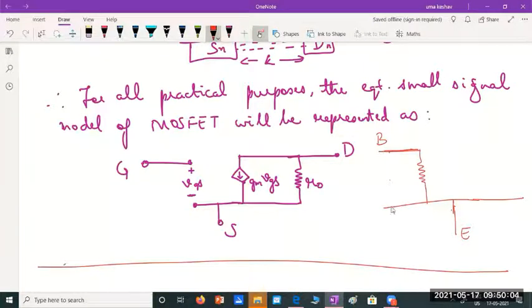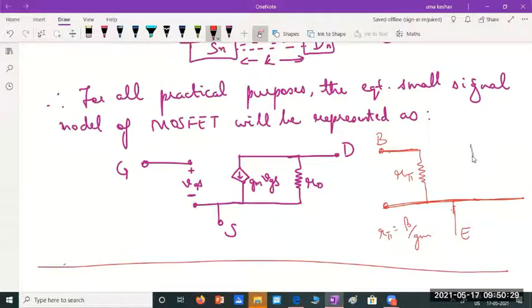Hybrid pi model, we called it. Between base and emitter, we have the resistance R pi. Yes or no? There was a resistance between base and emitter which was denoted by R pi. R pi was given as beta by Gm. I hope you remember all this.